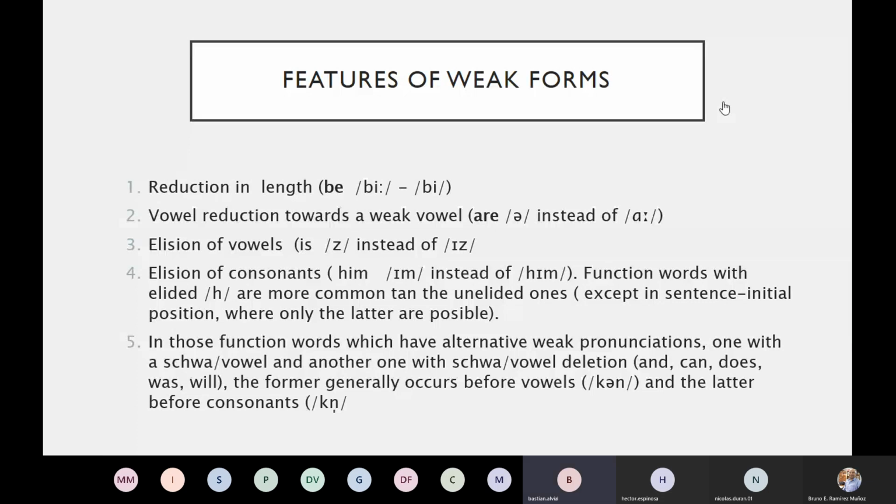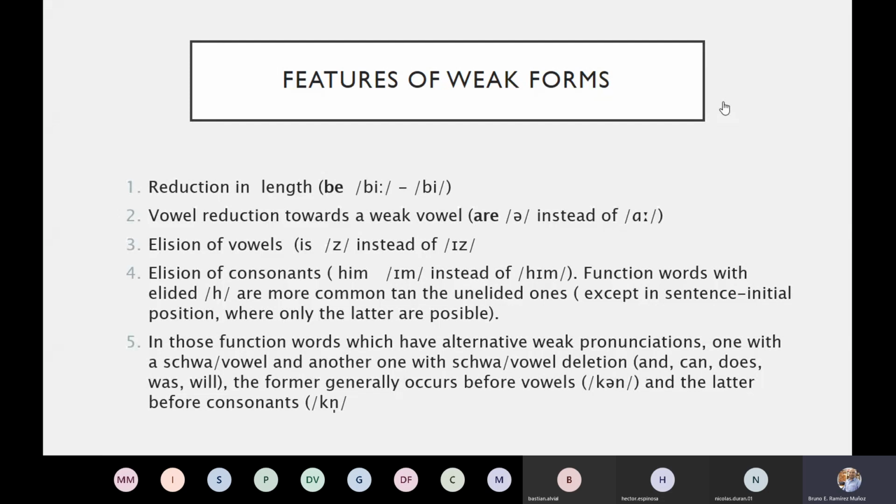I have a question. When do we use the elision of consonants like 'im instead of him? We can use it when we want, or do we have to say him sometimes and 'im other times? If we say only him, is that good?